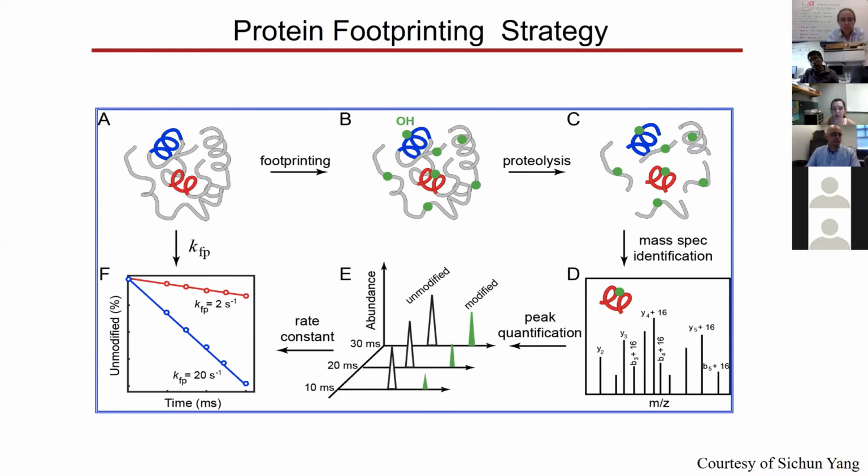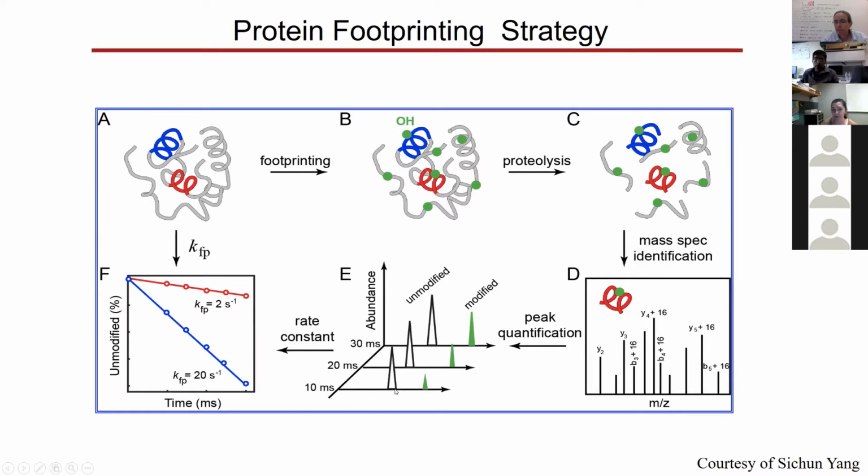It's not only hydroxyl radical, you can use any chemical which can modify specific residues. Then we digest the protein. You can see here we have a mixture of peptides with various labeling within those peptides. Then we use mass spec to collect our readouts. We use tandem mass spectrometry to identify the site of labeling, and then we use MS1 to quantify the labeling.